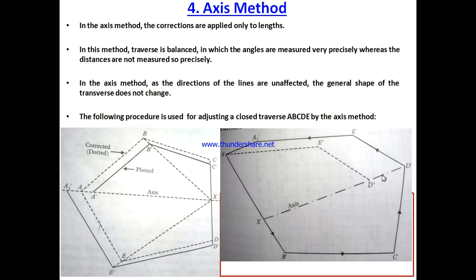a line which is parallel to D'C' in such a manner, suppose I am drawing from here, in such a manner that this particular line will intersect the line B'C'. Okay, so in the same manner we will determine the value.